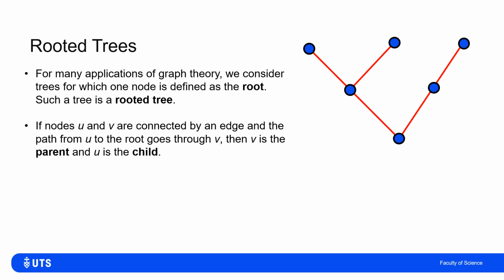So because this is a tree, every node will have a parent. They will only have one parent in this situation. The only node which will not have a parent in the tree is the root. So in this situation, visually, U is the child, V is the parent, and R is the root.